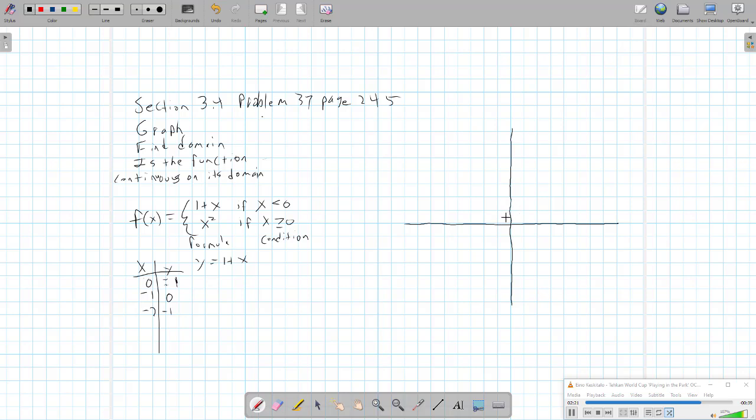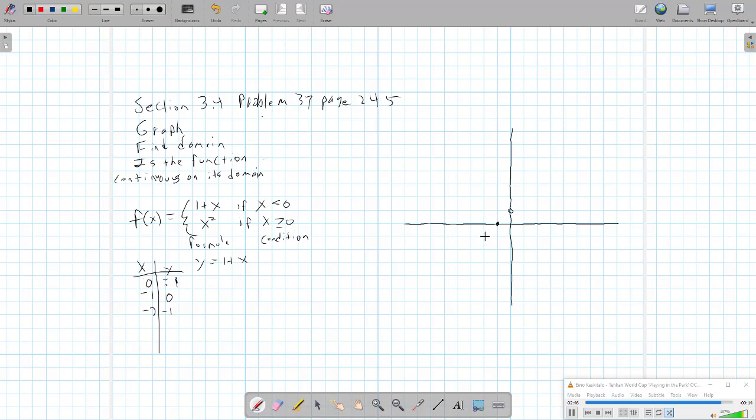Alright, so let's see here. 0, 1. Now, it's important here, we don't have a point there, so instead of doing a point, I'm going to do an empty circle. That means it goes up to this point but does not include it. Then at negative 1, it's 0. So right there, that's a full point.